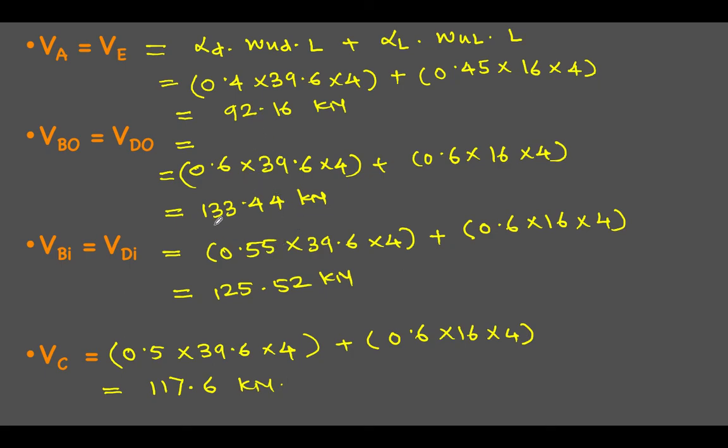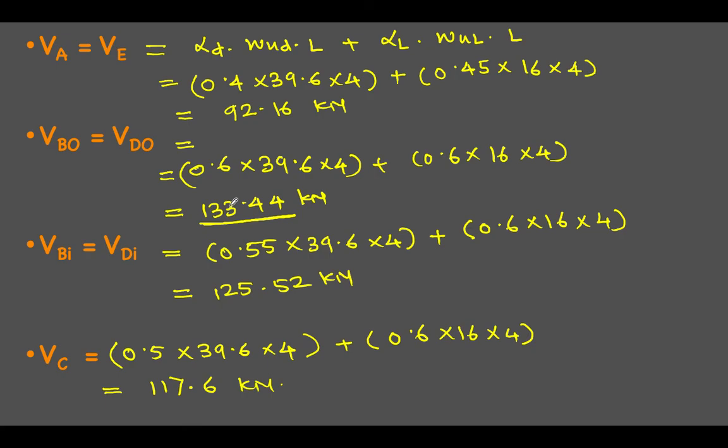Amongst this you can see this is the maximum value. Either we can design for maximum value or we can design it separately for each span. So what is the procedure we have carried out till now? We have to design continuous beam ABCDE.